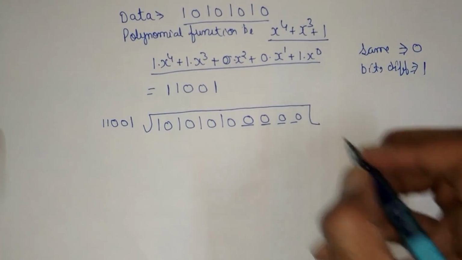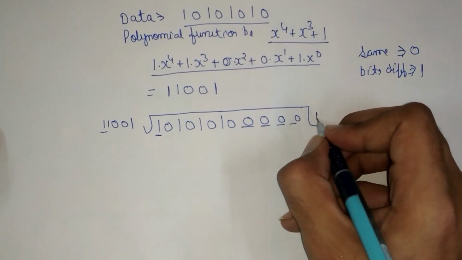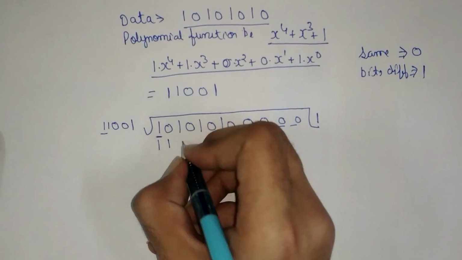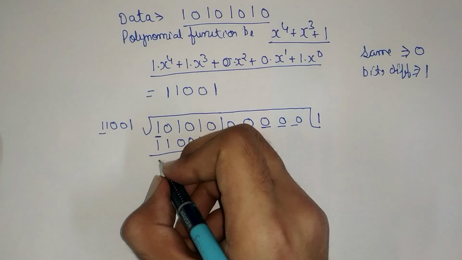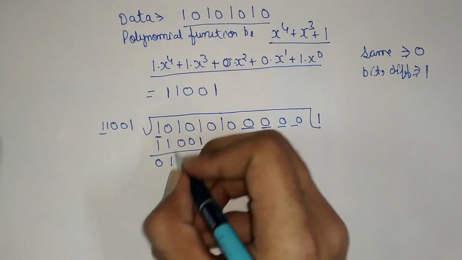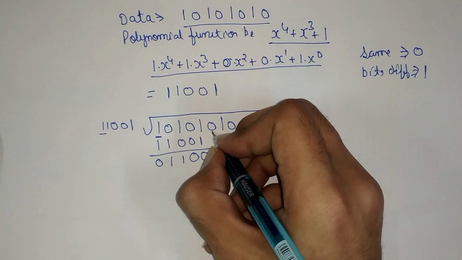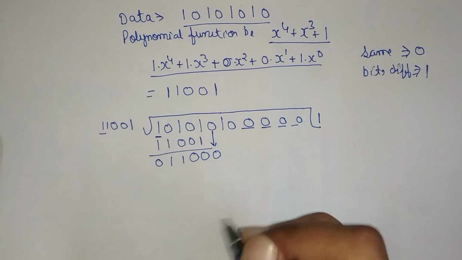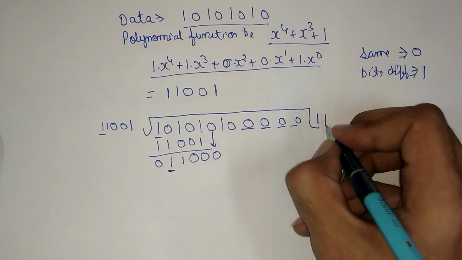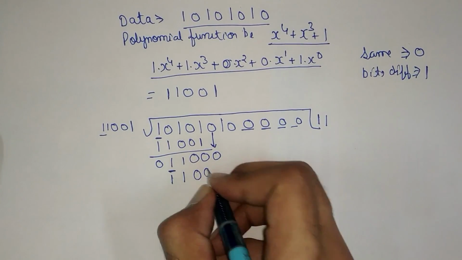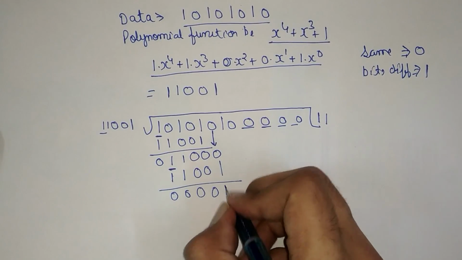First of all, multiplying this with this bit, we get 1 over here, and now applying the XOR function, we get 0 as they are the same, 1 different, 1, 0 and 0. Now we'll take one bit from the upper side and put it over here. Multiplying it with the first bit, these are the same, these are also the same, so 0 0, and here will be 1.